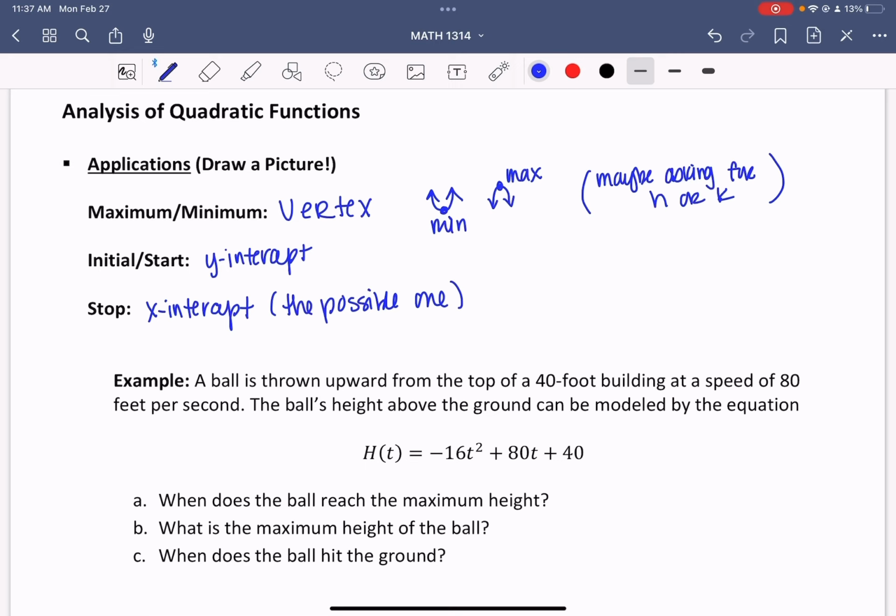We know how to solve for x-intercepts, but we need to make sure we're using one that's applicable to the problem. And a lot of times in these situations, we're going to be looking at the quadratic formula because numbers are not always nice out in the wild. It's not always just 2s and 3s. So let's reference that as we work a couple of examples.